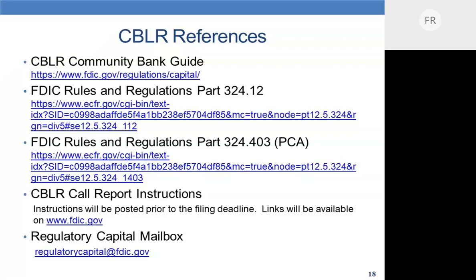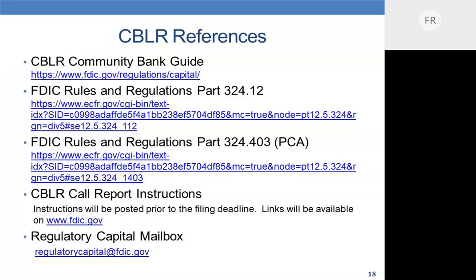There is no risk weighting under the CBLR framework. That is one of the simplifications that a banking organization can enjoy as part of the CBLR framework. Therefore, for capital purposes, you're not going to have to identify what of your ADC portfolio is HVCRE or HVADC.